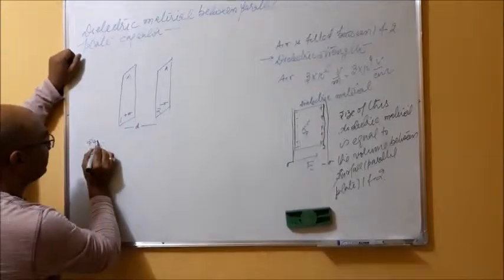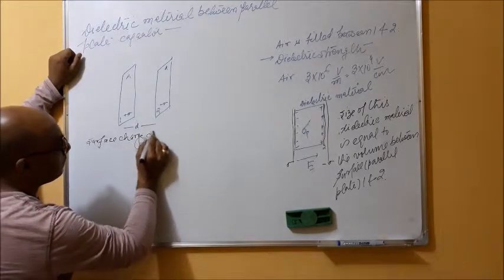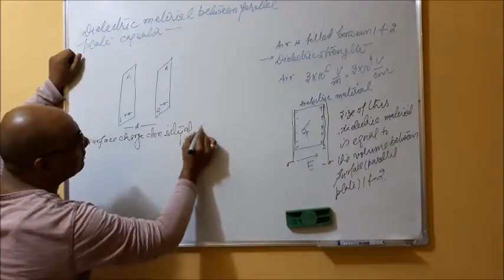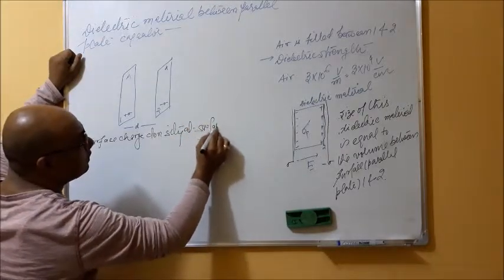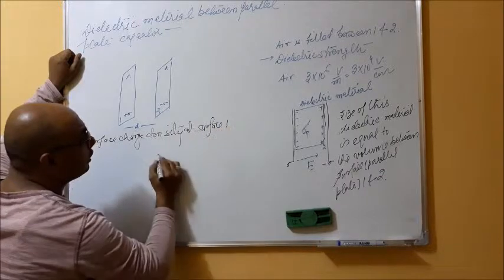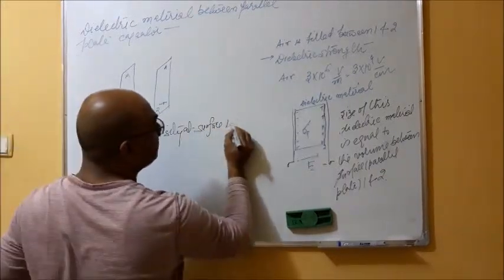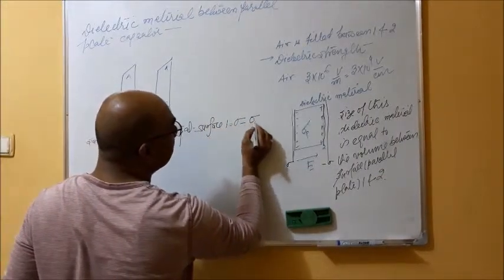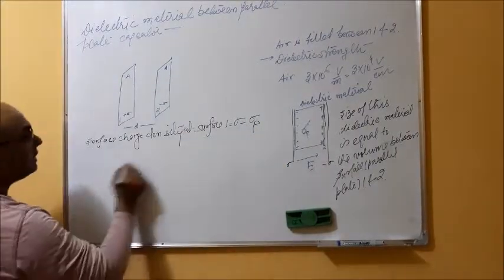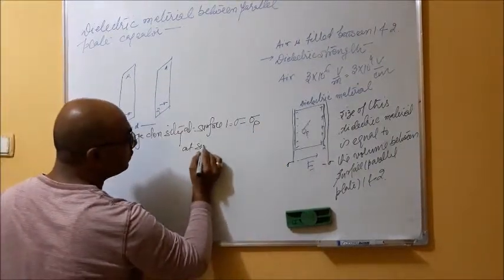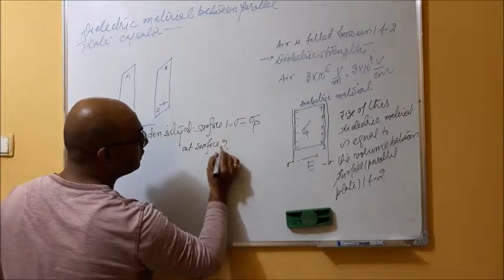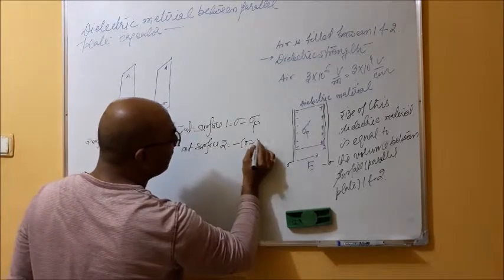Exactly, we will get the surface charge density at surface 1 equal to sigma minus sigma P. Similarly, at surface 2, minus of sigma minus sigma P.